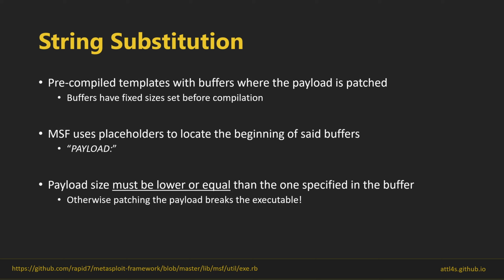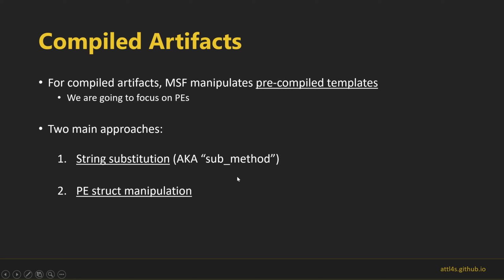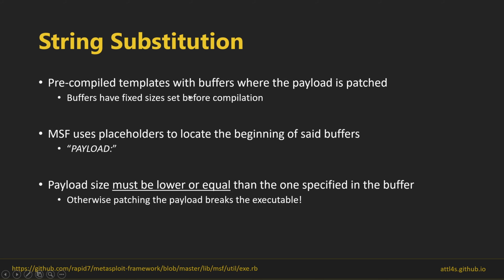So, string substitution, the first one. We have precompiled templates. Those templates are going to have a buffer with a fixed size. We have the code, we create the buffer with a hard-coded size, like 4,000 bytes.